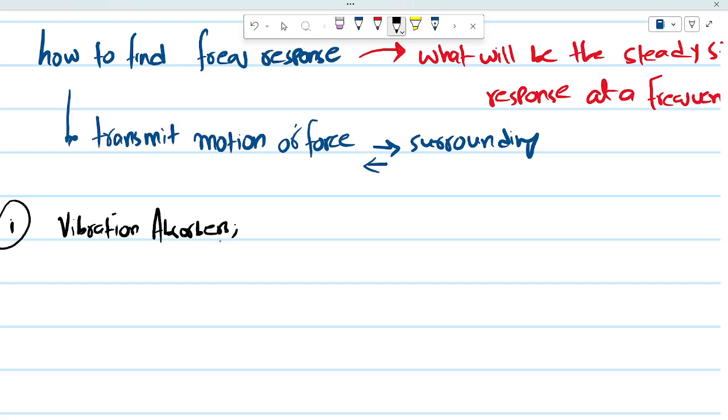If a mechanical system operates near a critical frequency, what does it mean by the critical frequency? It means the frequency is near to the resonant frequency.